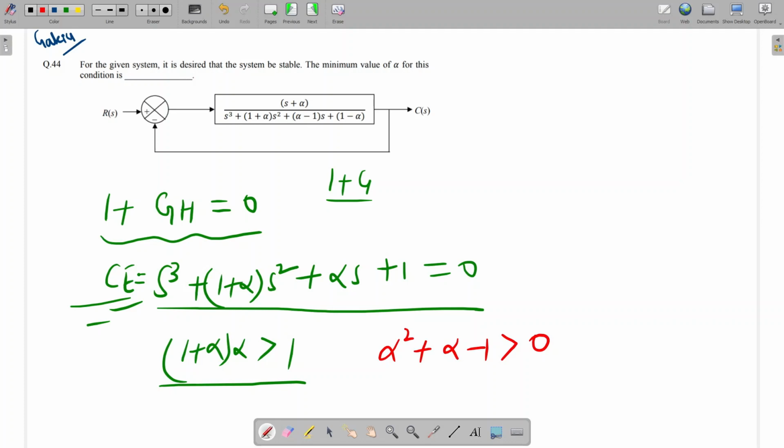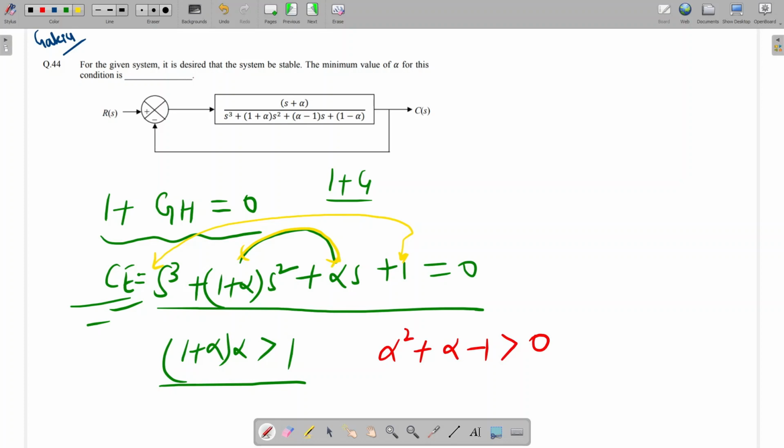Is this equation correct? It's quadratic and should be greater than 0. Why (1 plus alpha) into alpha? Like that rule is already there: this is the internal product, alpha into (1 plus alpha), and it should be greater than the external product for a stable system. This is the external.